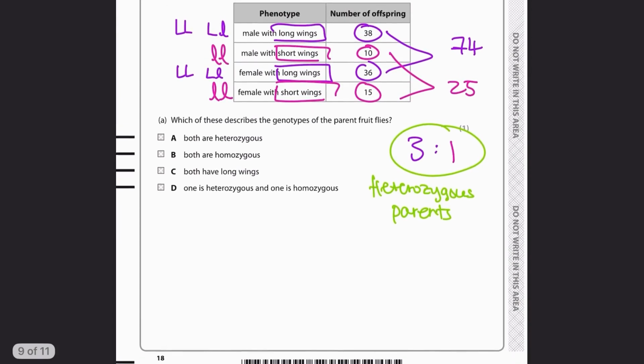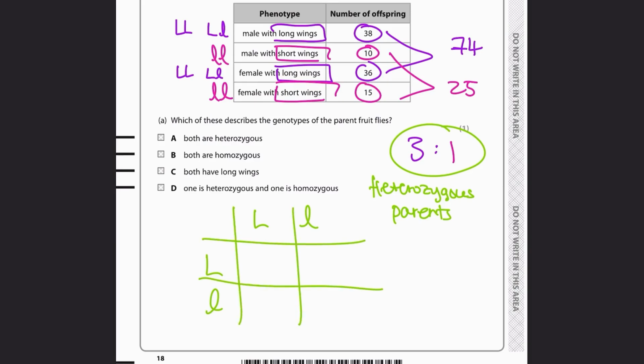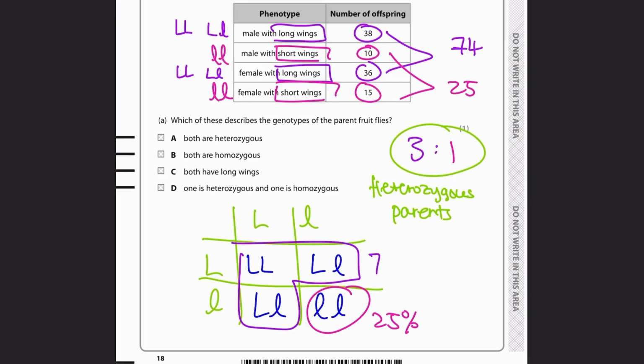I'll prove this to you right now, so look carefully. This is the father, this is the mother. They're both heterozygous. See that? Now let's look at the kids. The kids will be big L, big L; big L, small l; big L, small l; small l, small l. What is the ratio? This is 25%, and this one here is 75%. Do you see that?